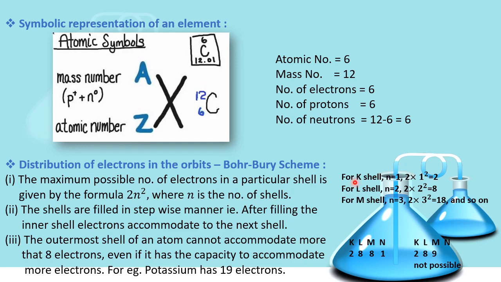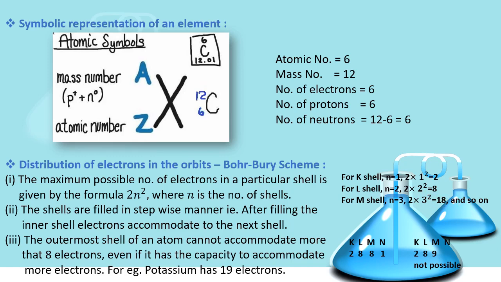That is, for K cell n is equal to 1, so it is 2 into 1 square, that is 2. For L cell n is equal to 2, so it is 2 into 2 square. After calculating we will get 8. So in the first cell there will be 2 electrons, second cell there will be 8 electrons, third cell there will be 18 electrons, and so on.